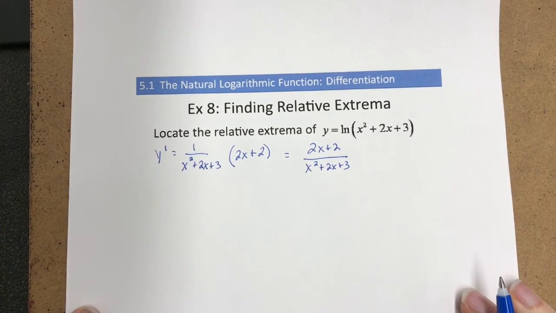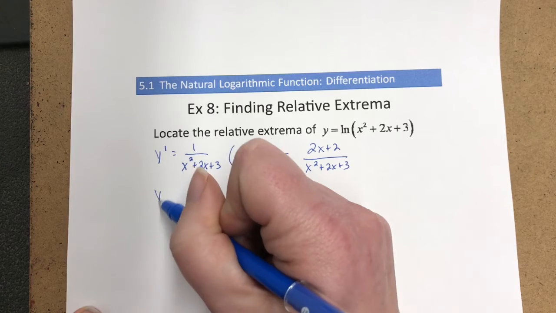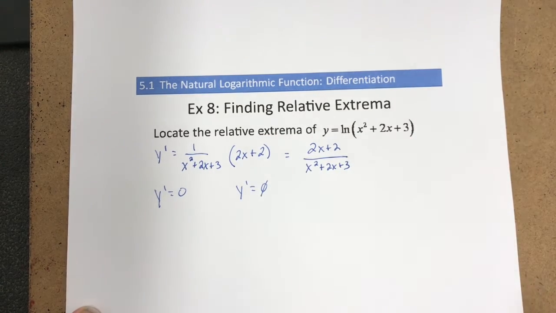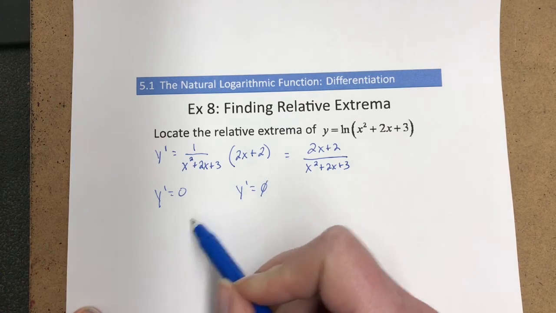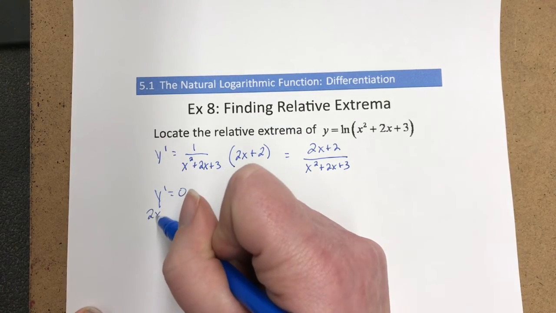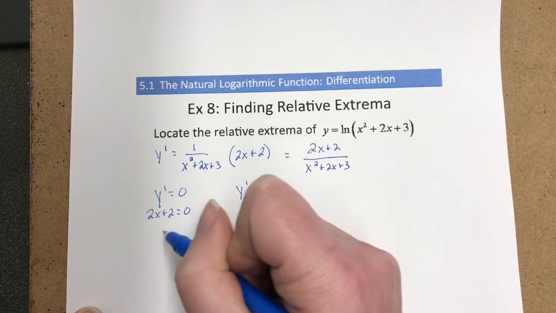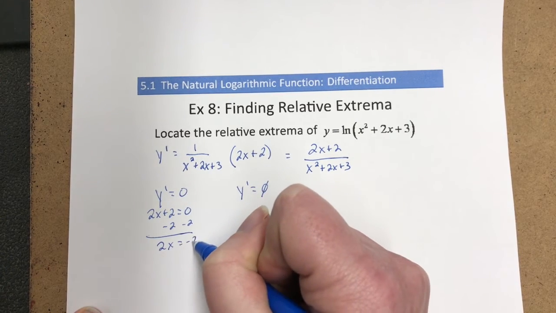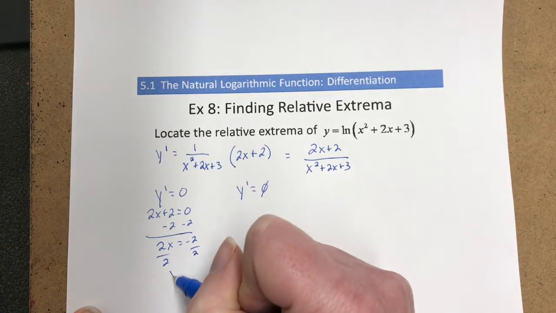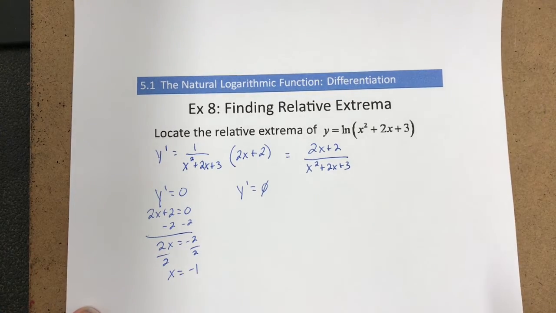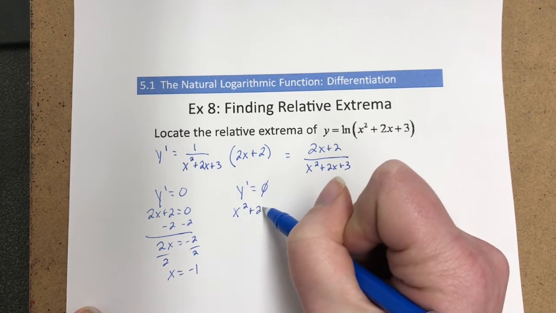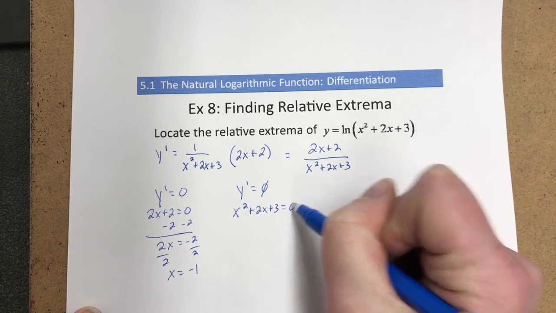So to find my critical numbers, I need to find where y prime is equal to 0 and where y prime is undefined. So y prime is equal to 0 when 2x plus 2 equals 0. So I'll subtract 2, divide by 2, and get x equals negative 1. And then where it's undefined would be where x squared plus 2x plus 3 equals 0.